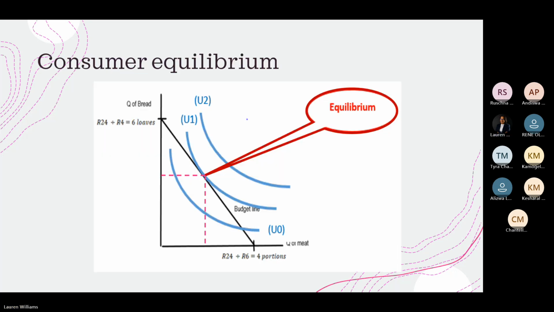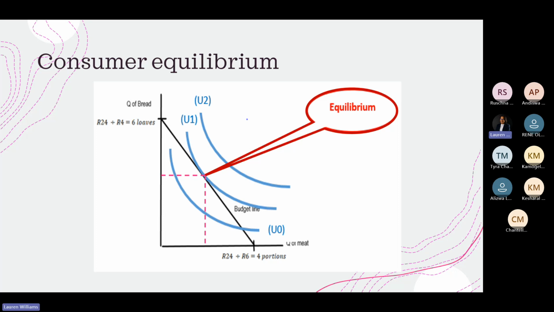Okay. So then the main thing we want to get to here is how do we then derive consumer equilibrium from that? So now we have our budget line. There's our budget line. Okay. In understanding, we have multiple utility curves.